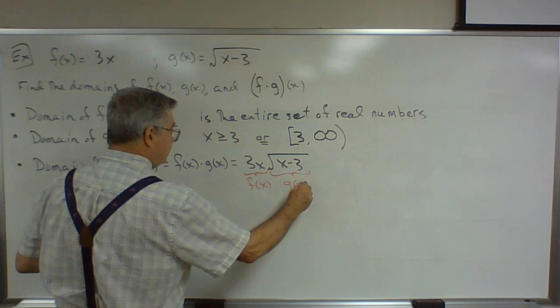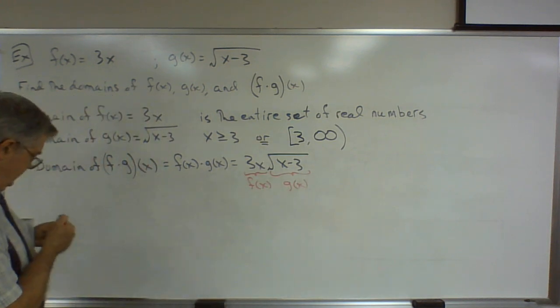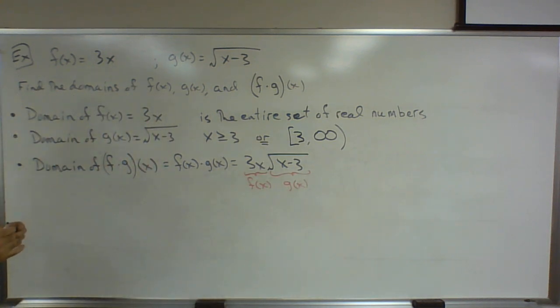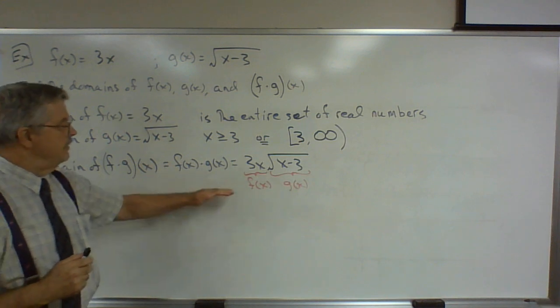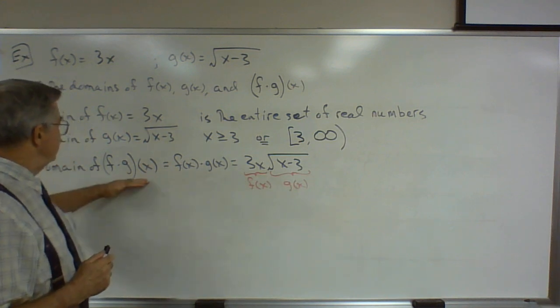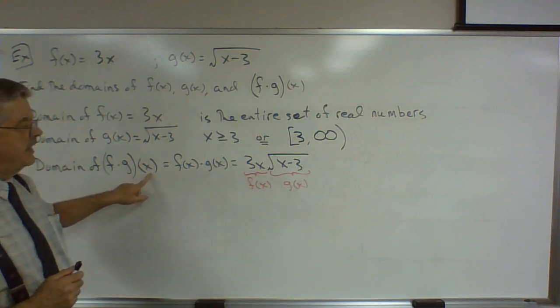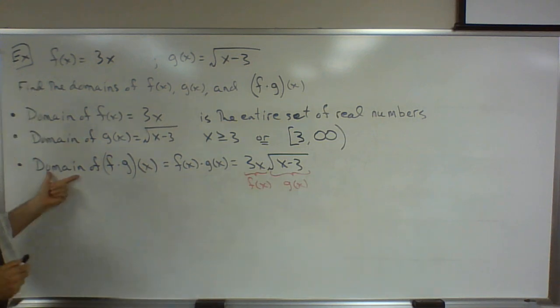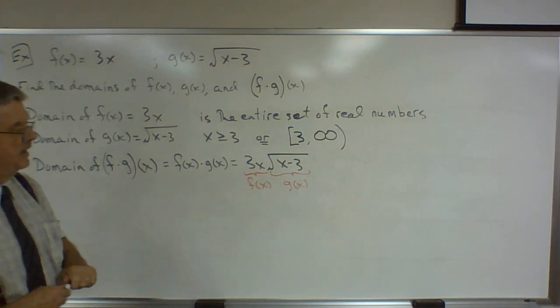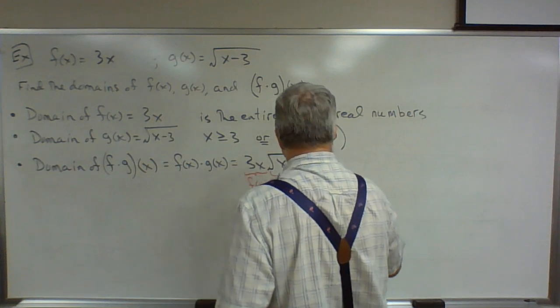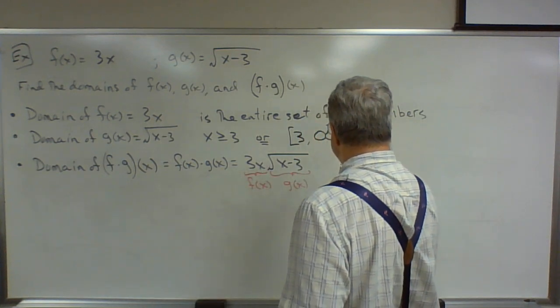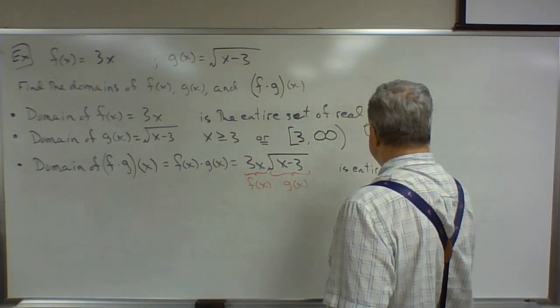Here's g of x. And we'll leave it like this. This is the definition of f times g evaluated at x. We want the domain of this thing. And we start off by saying it's the entire set of real numbers.